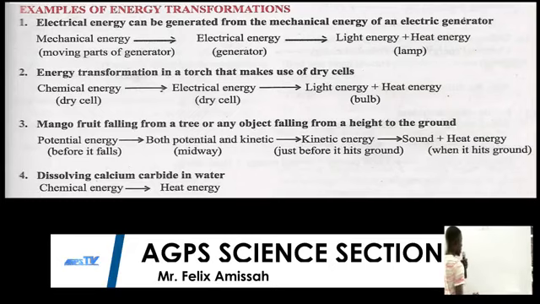The generator is a stationary object or machine, so it possesses potential energy. And the moving part also possesses kinetic energy. Now, listen. So here, potential energy plus kinetic energy is equal to mechanical energy.